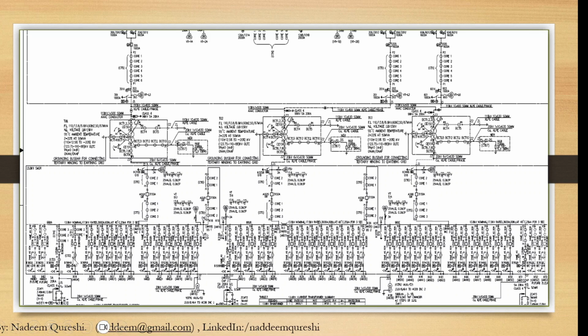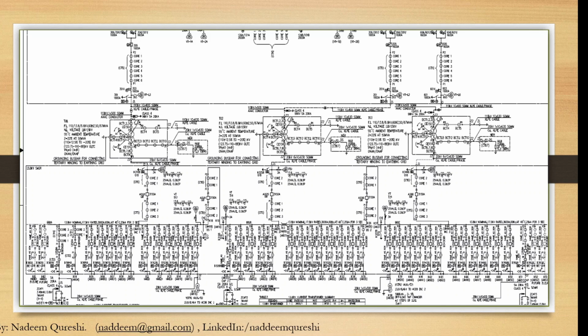The medium voltage switchgear consists of three bus sections A, B, and C, around 35 outgoing feeders which are feeding the load, and two auxiliary transformer feeders and three capacitor feeders.